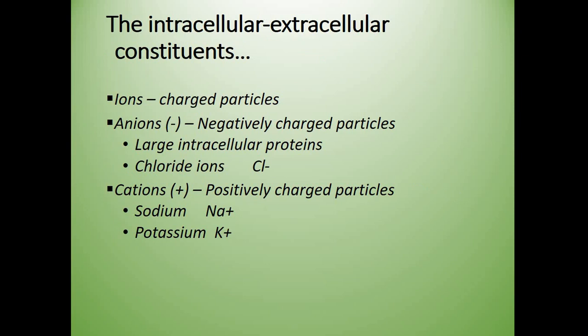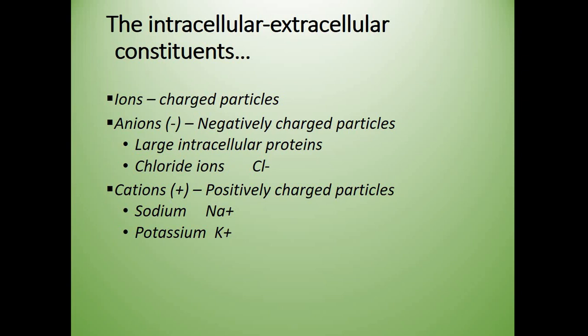Now, going deep down to a cell, it has an intracellular structure and certain constituents, and similarly, surrounding the cells we have the extracellular fluid. The intracellular and the extracellular constituents of a cell can be explained with the help of ions or charged particles.